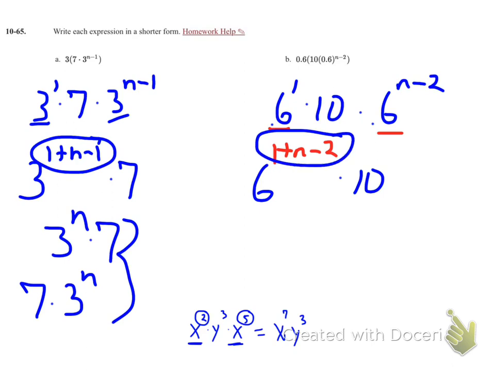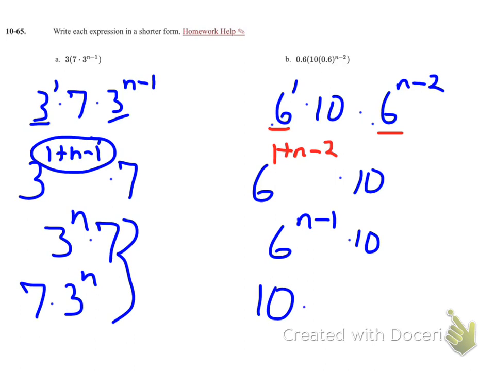So when I simplify that, 1 plus n minus 2, I'm going to get 0.6 to the n minus 1 times 10, or just like in the last problem, switch around the order to be 10 times 0.6 to the n minus 1. These are 0.6, not 6, 0.6.